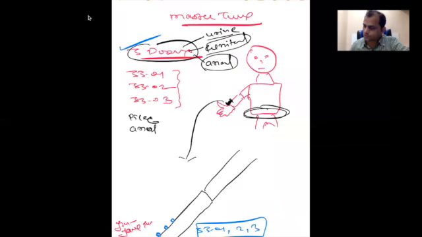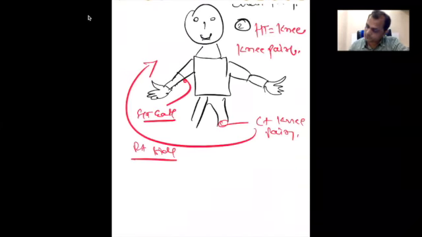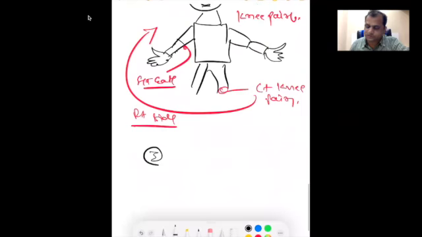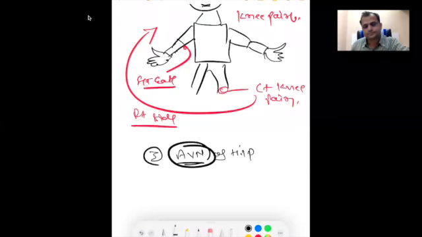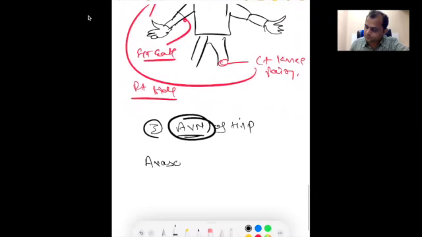Now, the third and more critical condition, which we sometimes see in the clinic. Many times a patient comes and complains, doctor, I am suffering with AVN of the hip. What is AVN? AVN means avascular necrosis of the hip.